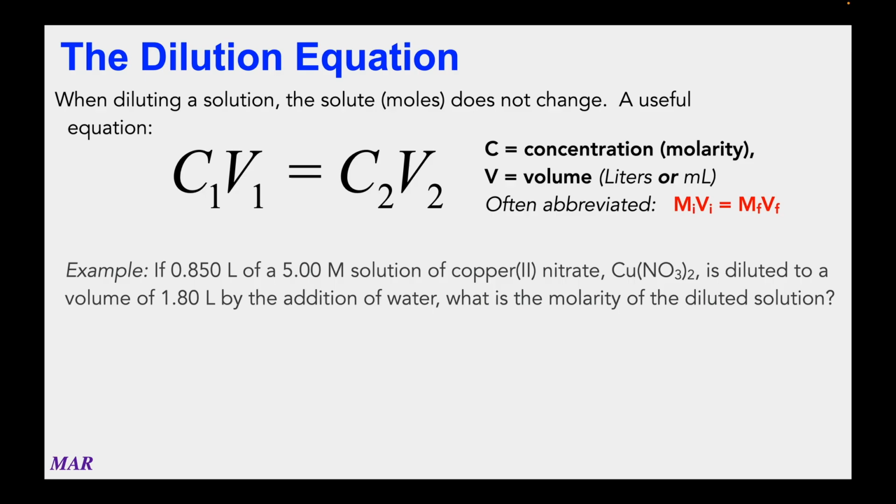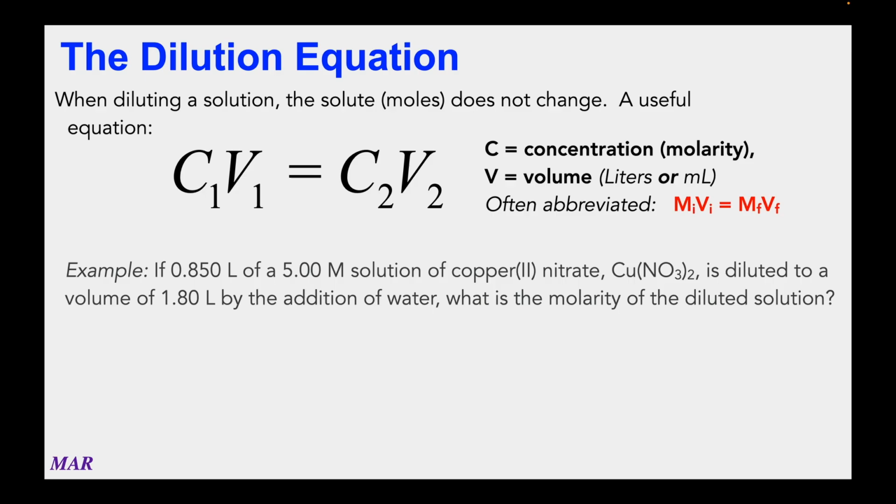So in the example there, we've got 0.850 liters of a 5 molar solution of this copper 2 nitrate, and we're diluting it to a volume of 1.80 liters. So the question is, what's the new molarity? So 0.850 liters is V1, 5.00 M is C1, and then 1.80 liters would be V2.